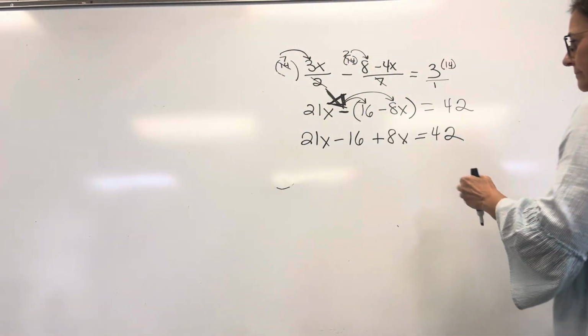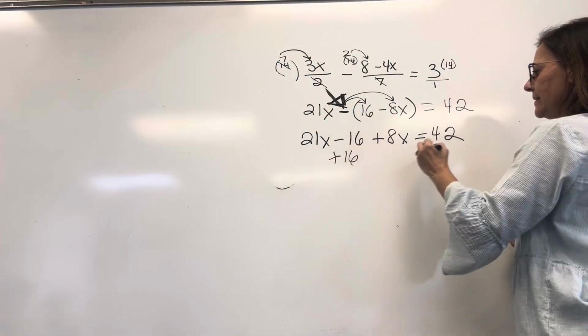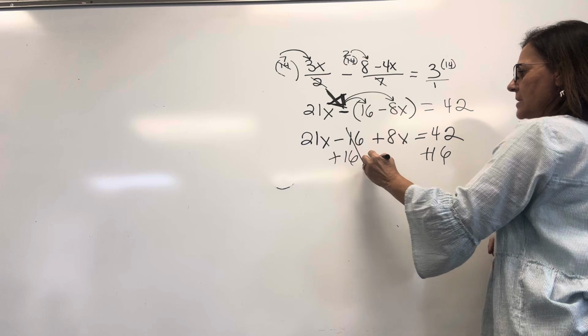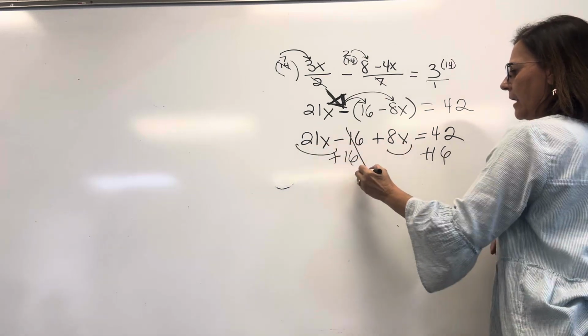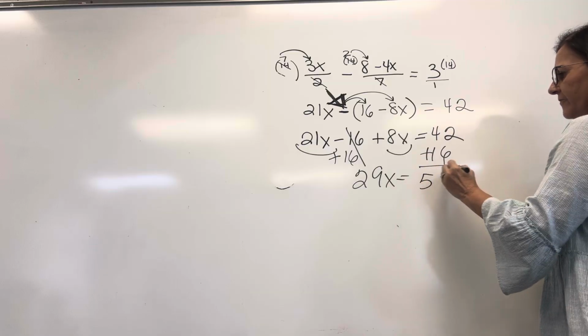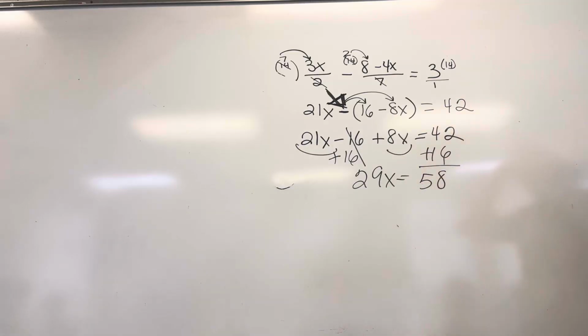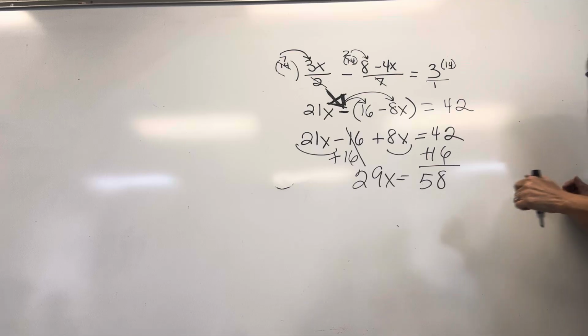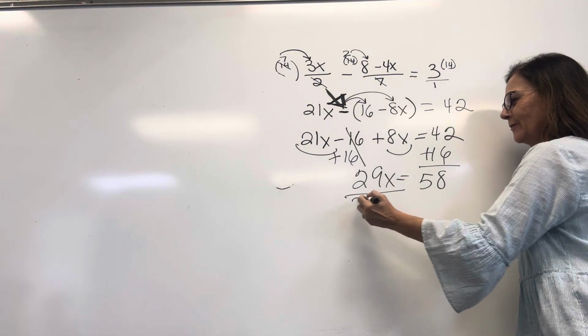All right. We're going to add 16 to both sides. We'll combine our like terms. 29x is 58. Did we come up with a whole number?